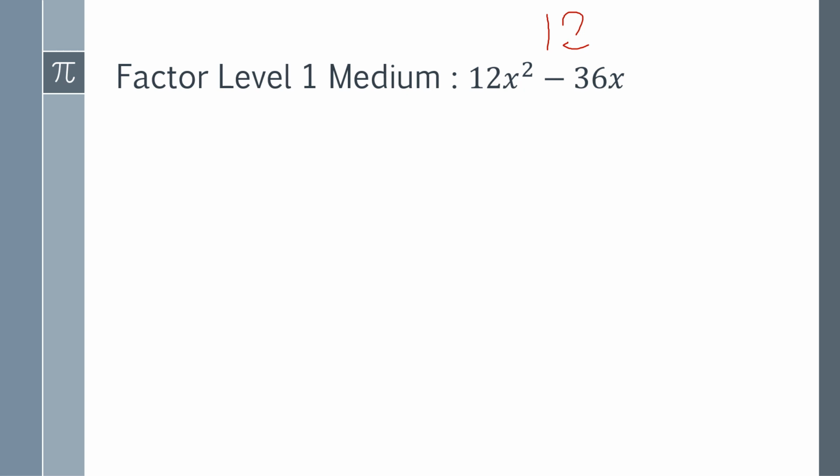All right, so we know we could have 12 on the outside, because 12 times x squared gives me 12x squared. And also 12 times a negative 3x gives me negative 36x. All right, I'm not done here.